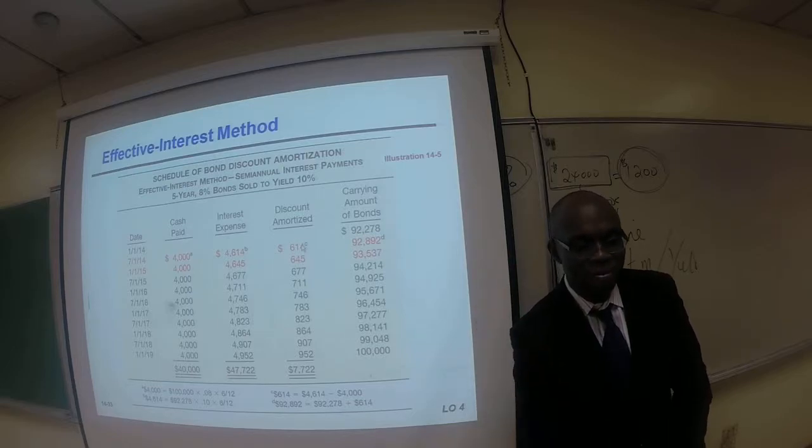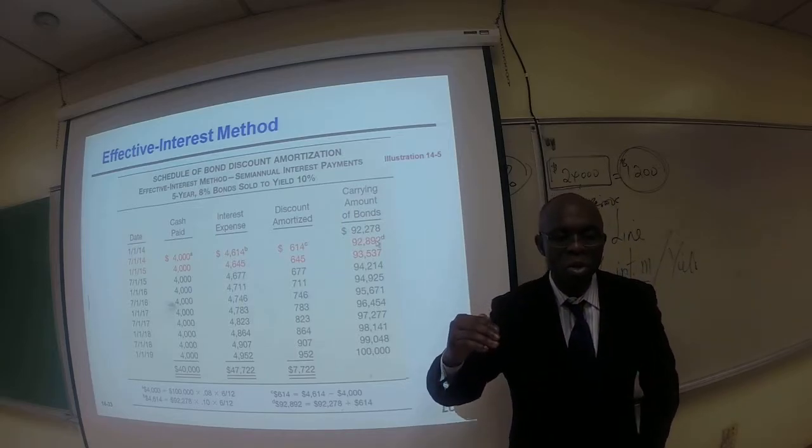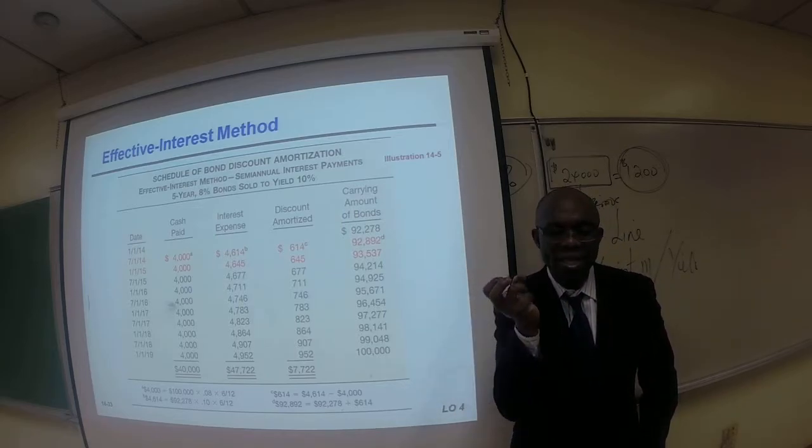So catch this. The 614 discount amortized is being added to the carrying amount of the bond. The carrying amount of the bond originally was 92,278. Add 614, that will give you 92,892. So the carrying amount of the bond went up by the discount amount.